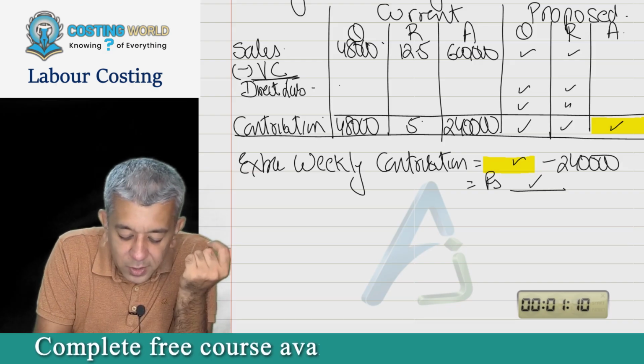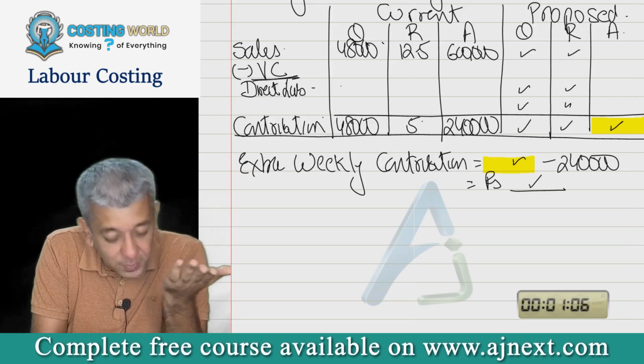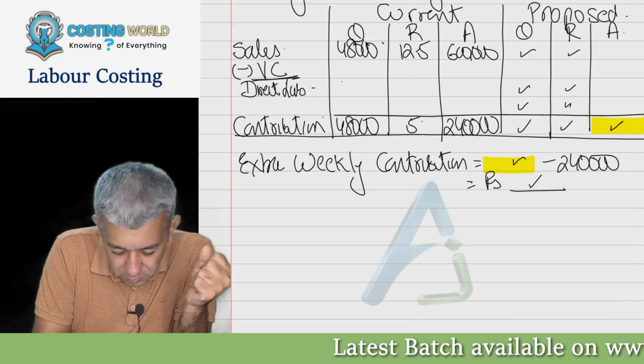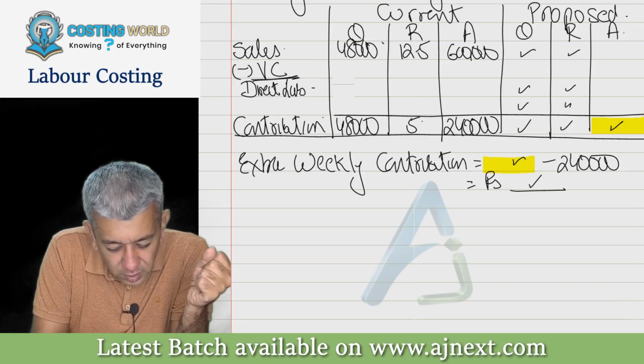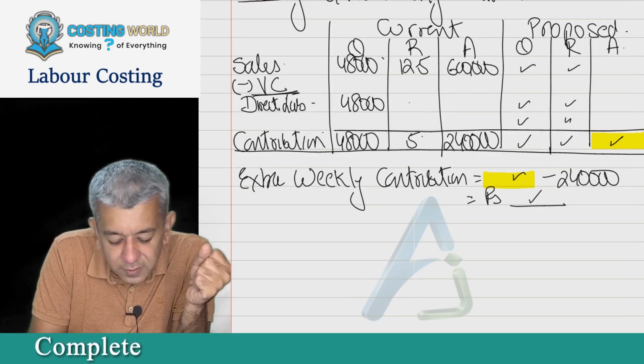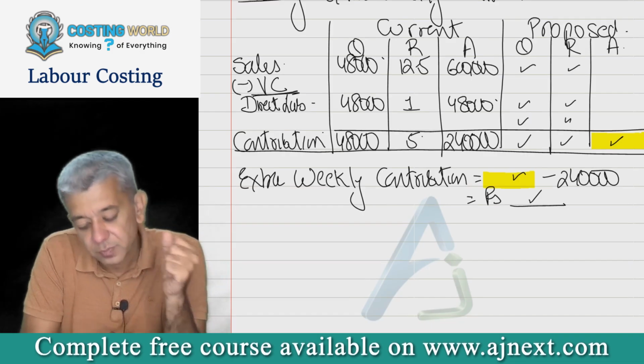So, direct labor cost, tell me currently you are producing how many units, beta? Everybody can tell me, then I'll give you a minute more. 48,000. And currently we are paying the workers at what rate, beta? 1. So, therefore, this will be 48,000.